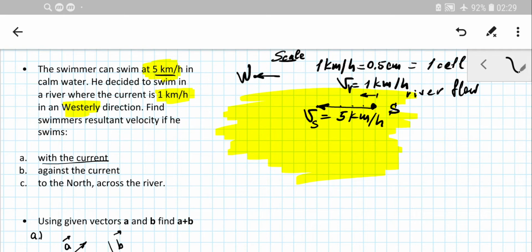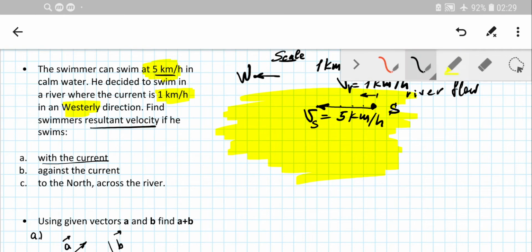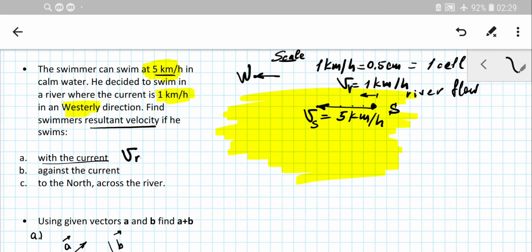Okay, so in this case, in order to define the resultant velocity if he swims in the same direction as the current, the resultant velocity is actually river plus the swimmer. It's obvious, right?